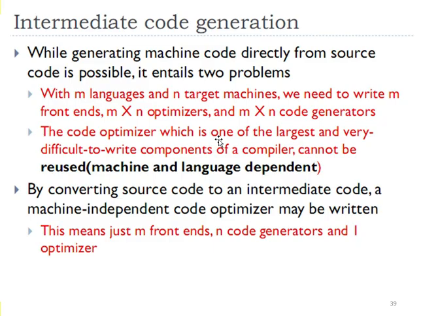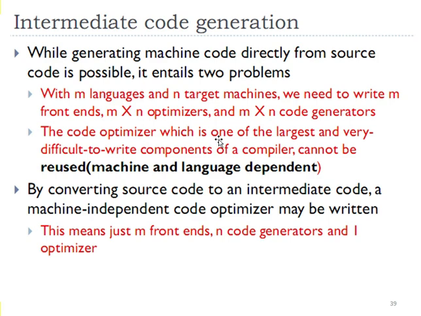If optimization is not performed on an intermediate code, we need to create optimizers that is M times N, the number of languages multiplied by the number of machines. This many optimizers are required to be developed, and similarly M times N code generators.